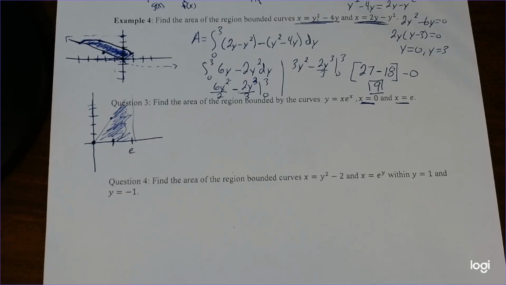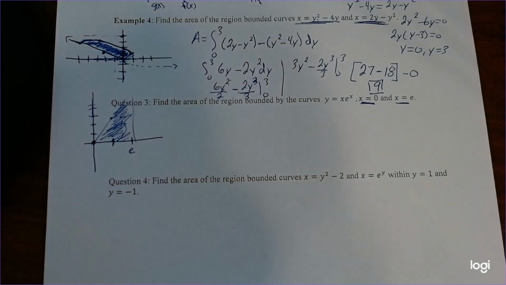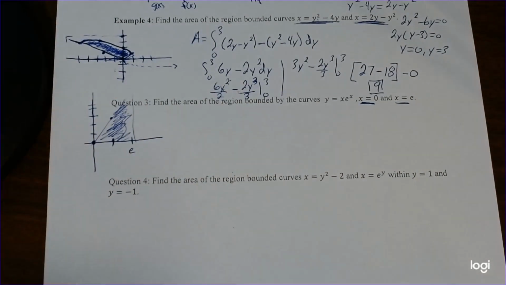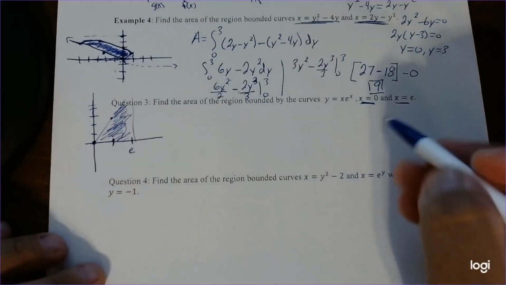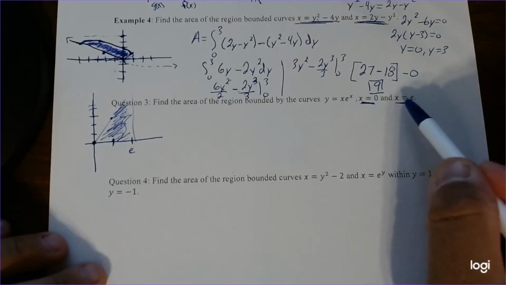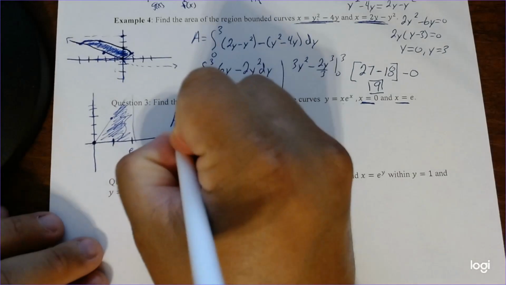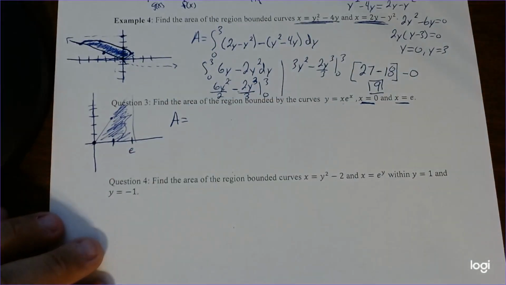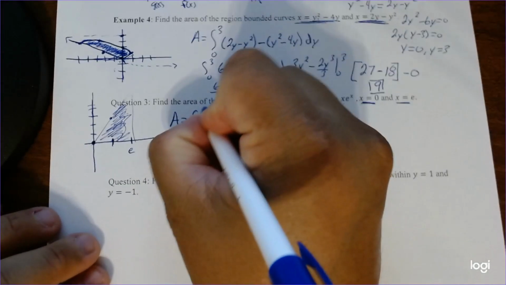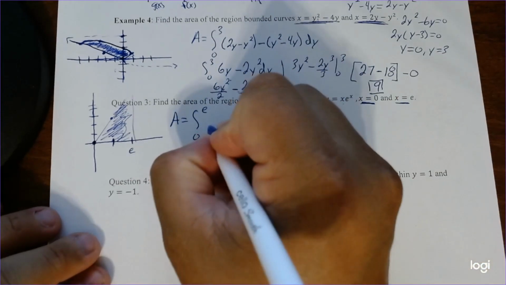Okay. Now this one, you could just do straight integration. This one is not like the example before, because there's no left minus right in this case. You could technically find when these two curves are bounded, but I'm not sure where exactly it is. So if it's easier, you would just do a straight integration. Integral from 0 to e of x e to the x.